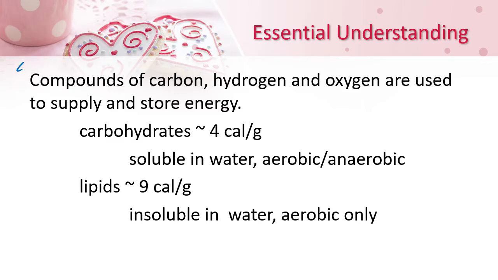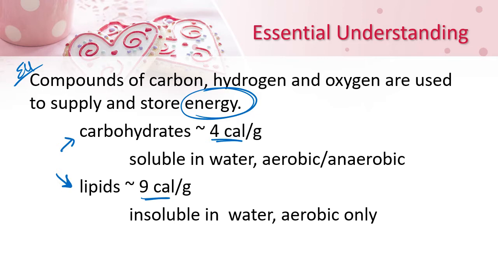Again, our essential understanding is that compounds of carbon, hydrogen, and oxygen are used to supply and store energy. So that's the biggest function of carbs and lipids. Interestingly, lipids contain more energy per gram than do carbohydrates. So we can store about 9 calories of energy in every 1 gram of lipid, only 4 calories per gram in carbohydrate.